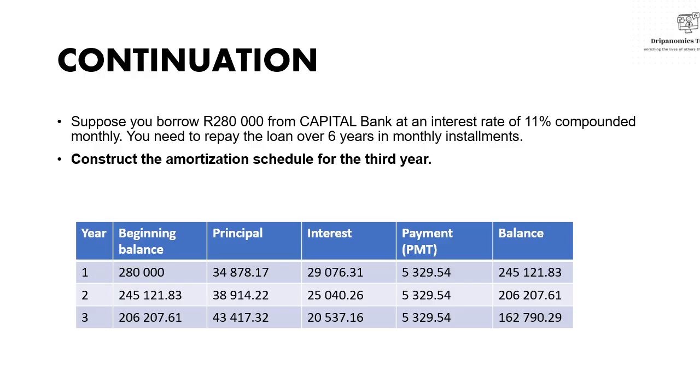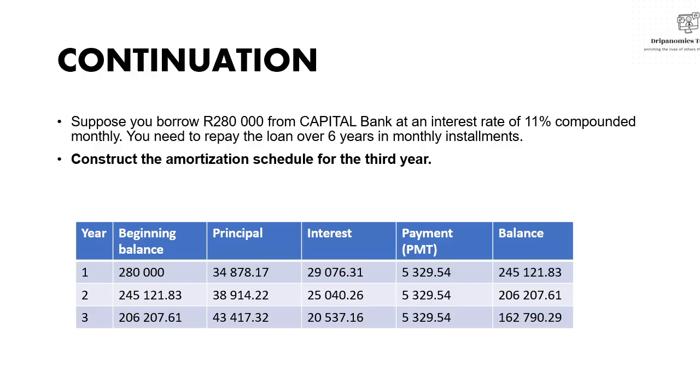Press equal again, the interest that was paid that year is 25,040.26. The PMT is already given, we've calculated it. It's advisable that you write down all of the PMTs at the beginning of your table so that you don't have to bother with it.